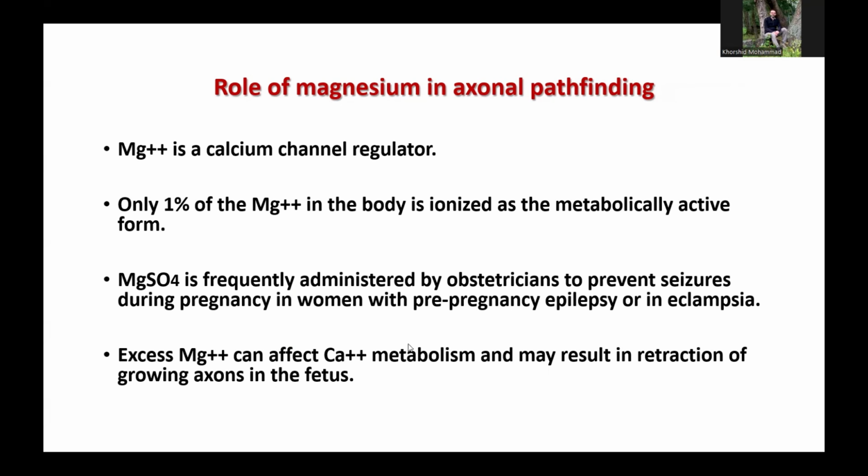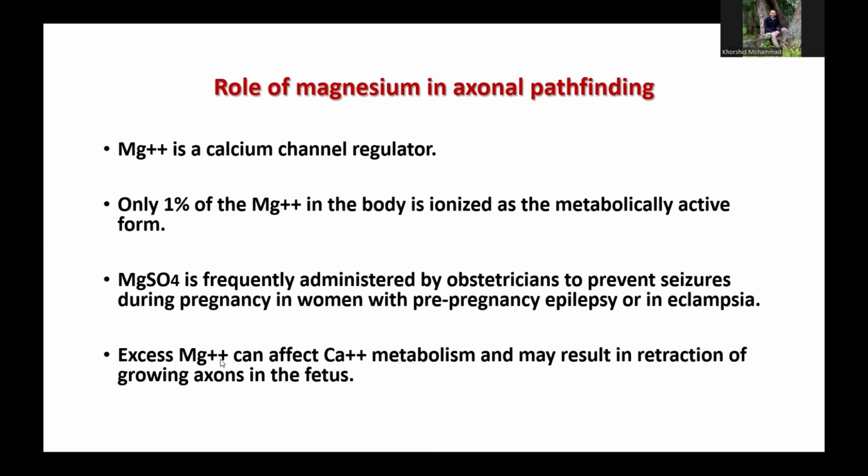And I can appreciate that one wants to avoid many anticonvulsants which are teratogenic and may damage the fetus during development, especially early development, such as phenytoin and valproic acid, for example. And magnesium sulfate does act as an anticonvulsant.